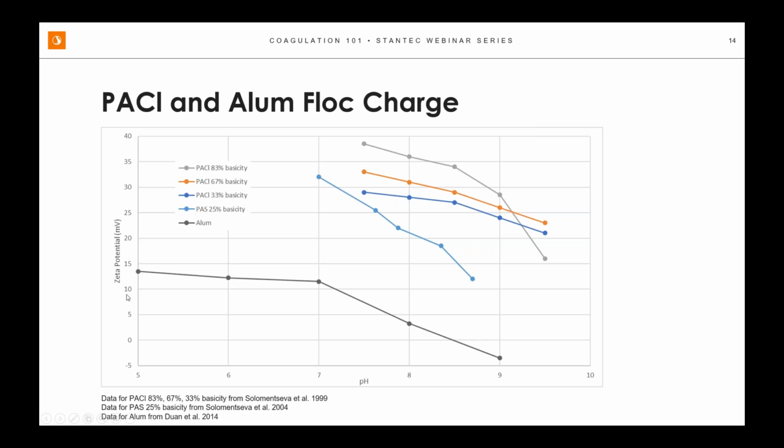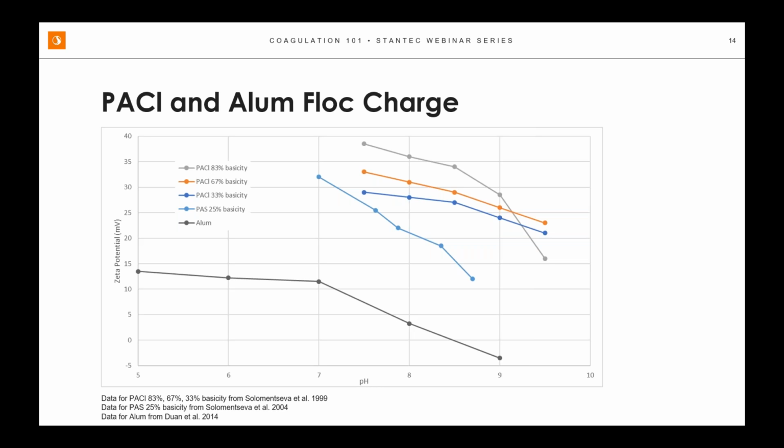So this shows what we want, because coagulation works by direct interaction of the coagulant chemical with our contaminants, but it also, and probably more dominant, is the production of flock particles and the reaction of contaminants, whether it's NOM or other particles, with the surface of that flock particle.